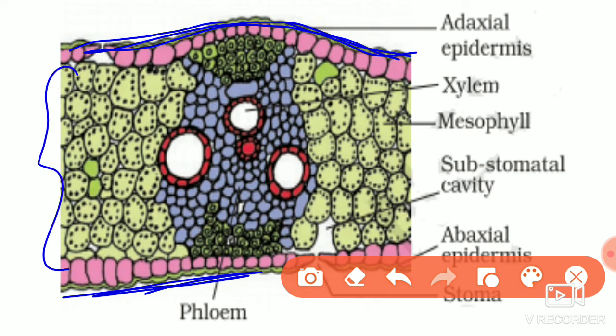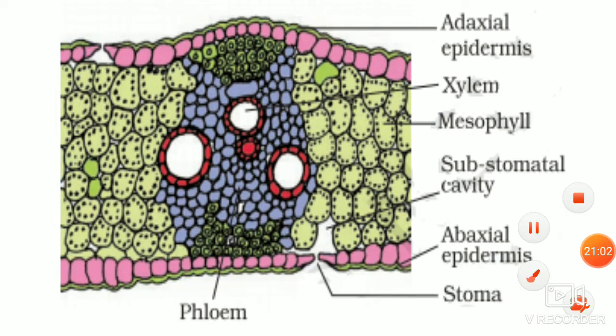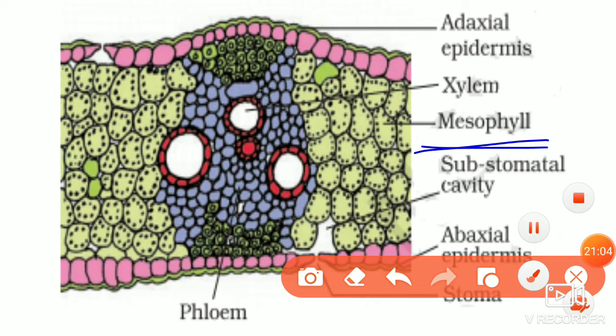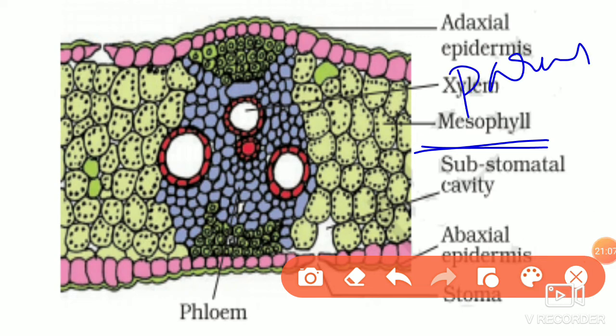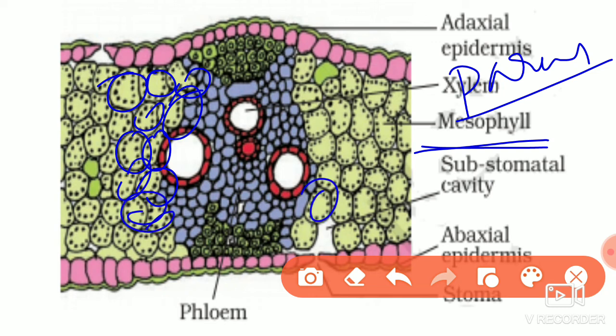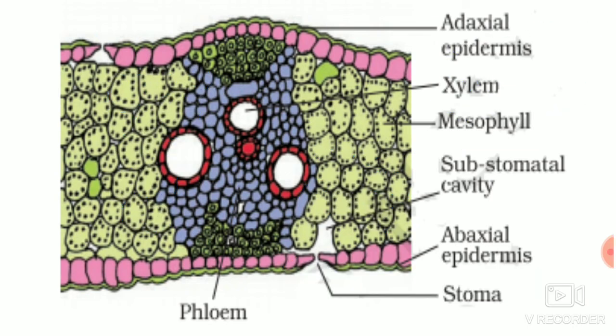This is a waxy layer which covers the epidermis. In between the upper epidermis and lower epidermis, the next part is the mesophyll. In the dicot leaf, the mesophyll has 2 types of parenchyma cells. But in the monocot leaf there is only 1 type of parenchyma cells. All are round or oval shaped. You can see that only 1 type of parenchyma is present, there are no 2 types.